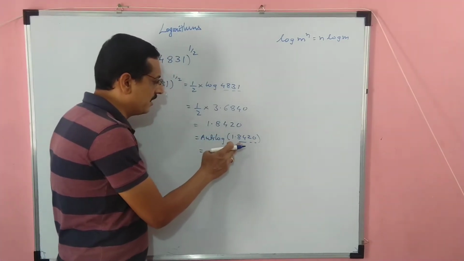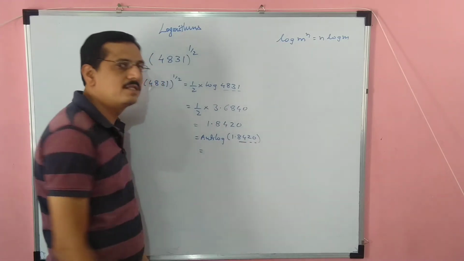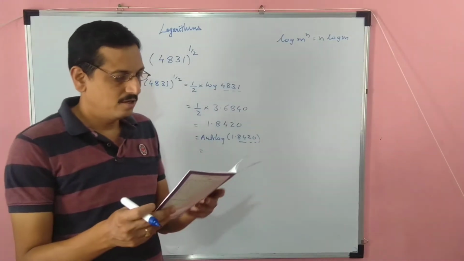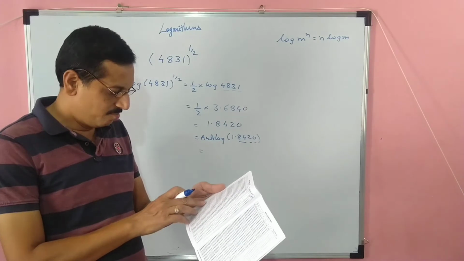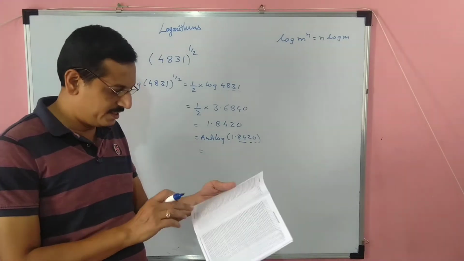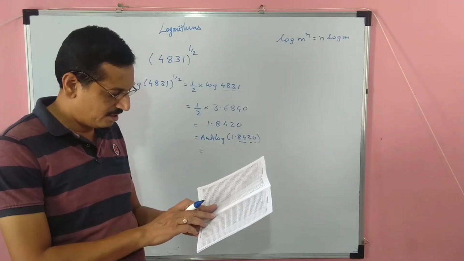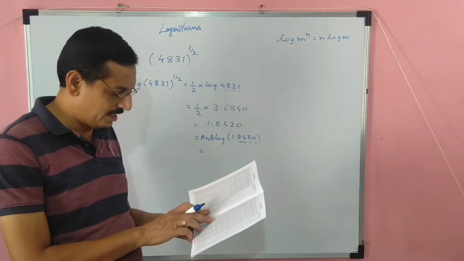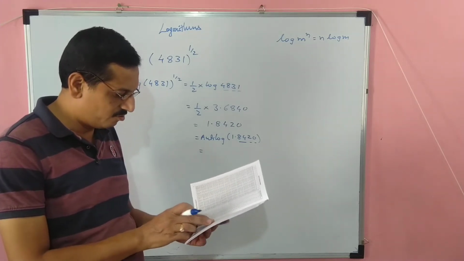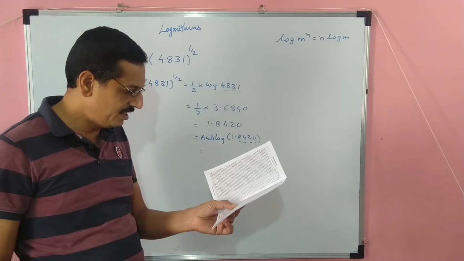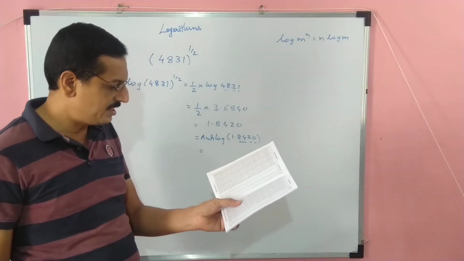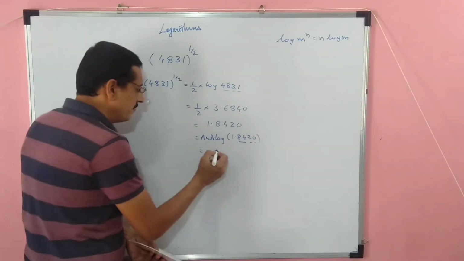How will I read? 84 in 2, difference is 0. So 0.84 is on this page. 0.84 in 2, so 0 1 2. The mean difference is 0. That is 6950. So I am getting the value 6950.